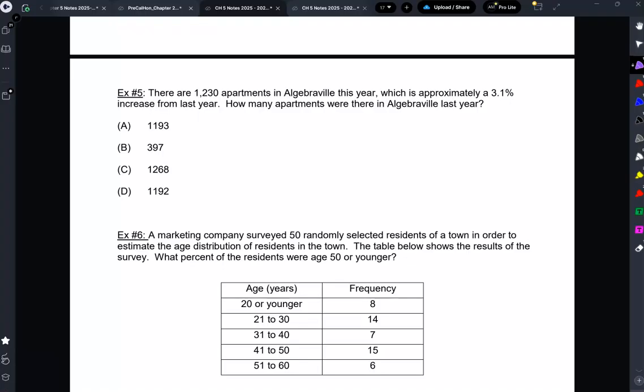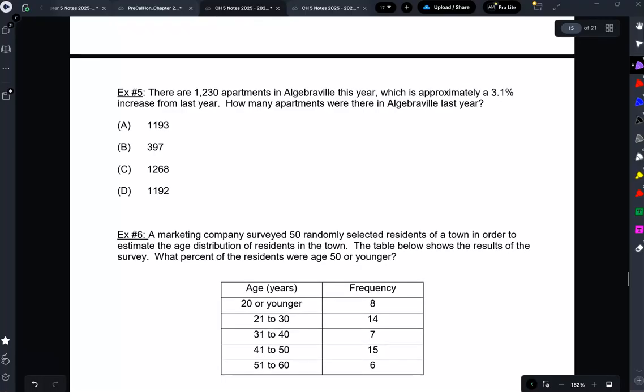We have the new and the original, correct? So what's the new here? Correct. So this is the new. And then what's the original? Do we know? No. So this is what we need to find.